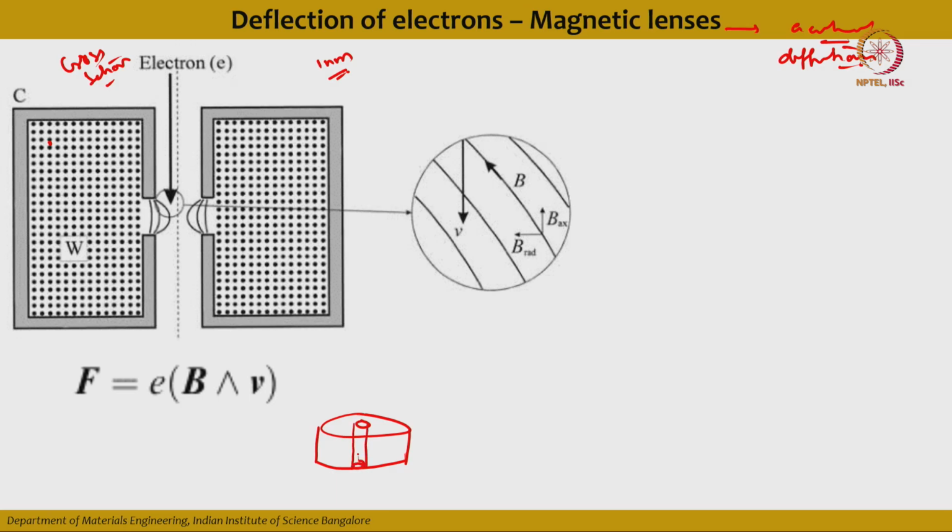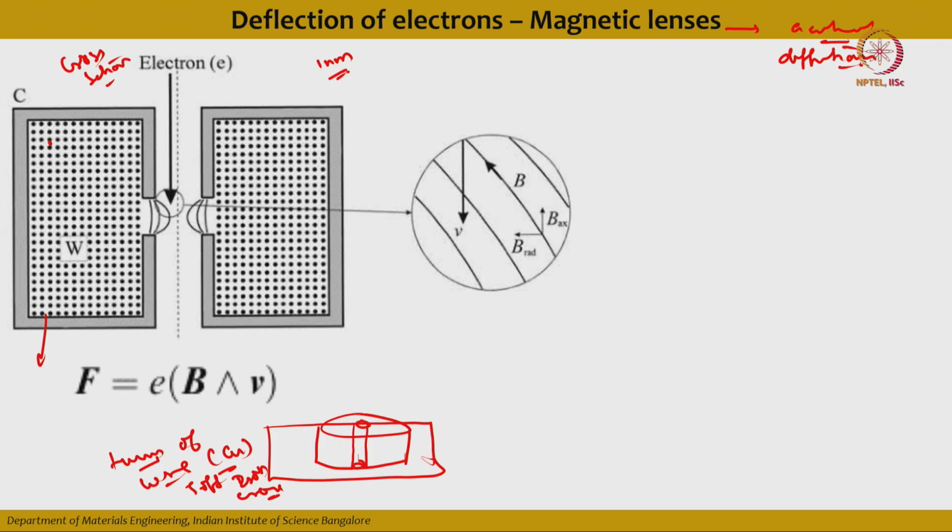And if you cross section it, then you will see this cross section as it is, and this coil consists of a large number of turns of wire, and this particular wire is made of copper, and it is wound on a soft iron core, which is also called a pole piece.